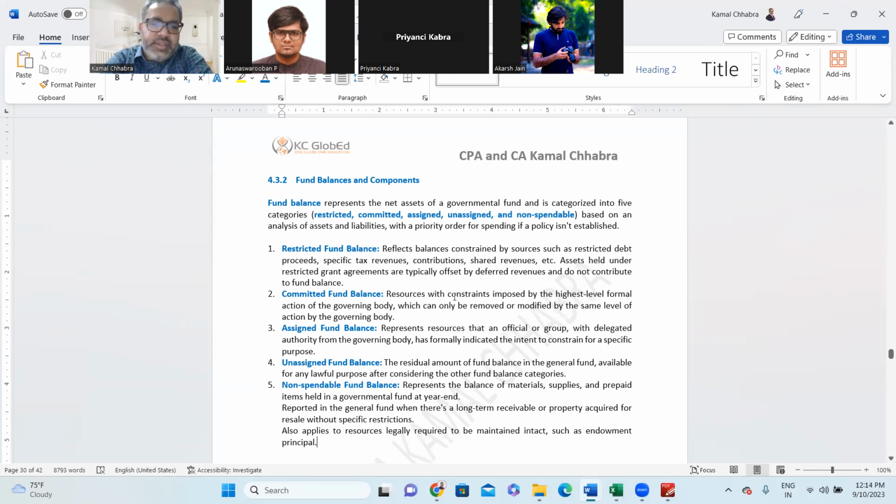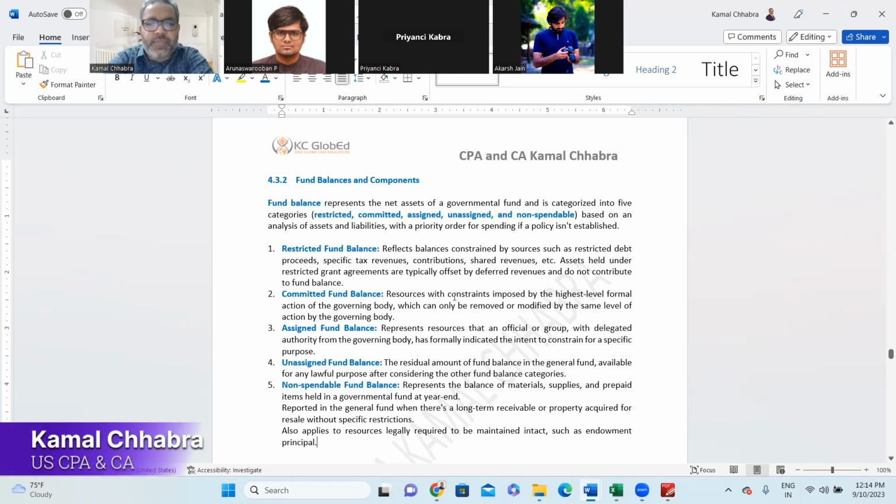The first one is restricted fund balance. Restricted balance is constrained by source, such as restricted debt proceeds, specific tax revenue, contributions, shared revenue, etc. Assets held under restricted grant arrangements are typically offset by deferred revenues and do not contribute to the fund balance.